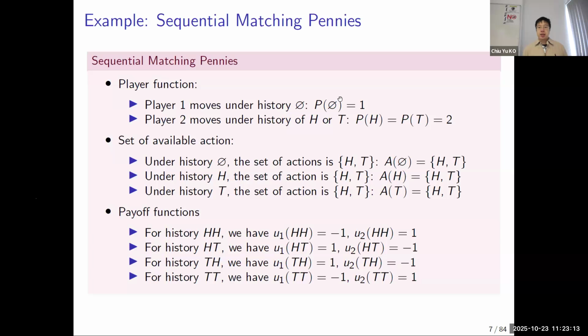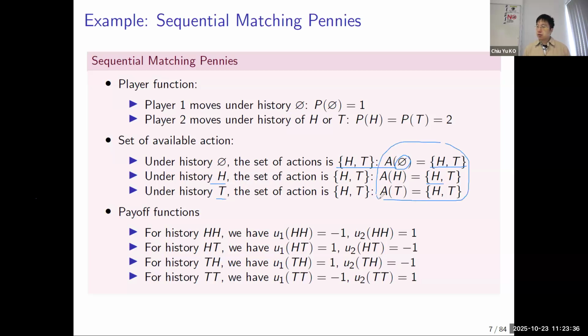So this is the player function. And then there is the set of available actions. Under the history 0, player 1 can choose head or tail. Under H, player 2 can choose head or tail. Under tail, player 2 can also choose head or tail.